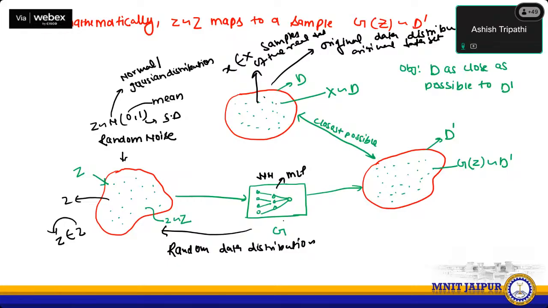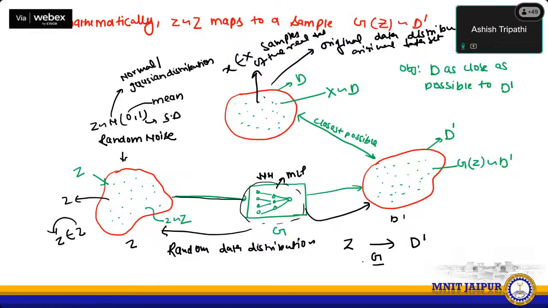G has to take this random probability distribution, and if this is the trained model, it is going to transform this random probability distribution, called capital Z, to D dash. That means this random probability distribution will be converted to D dash by the generator network.